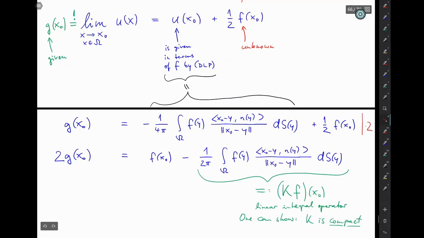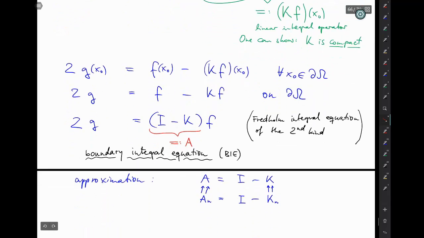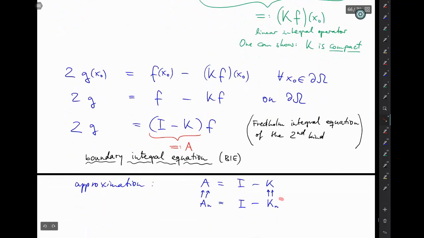Here, your equation is only taking place on the boundary, and this boundary is so much smaller than the whole body omega, which is a 3D body. So if you compare the size of a 3D object to its boundary, then of course the boundary is a lot smaller. So it takes a lot fewer points to discretize that boundary, and that's why it takes much smaller systems to write down these equations here.